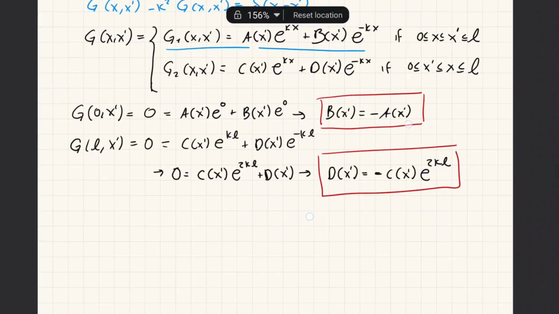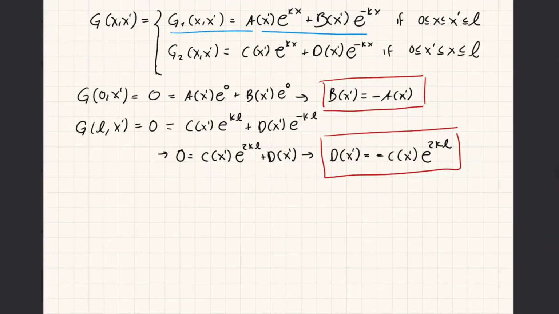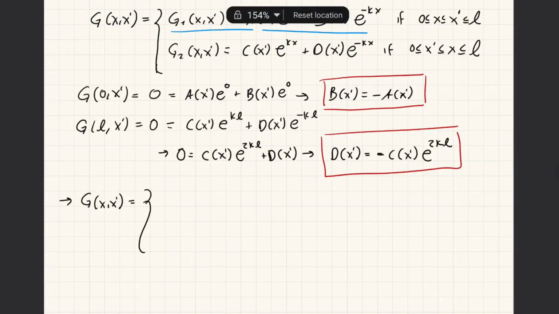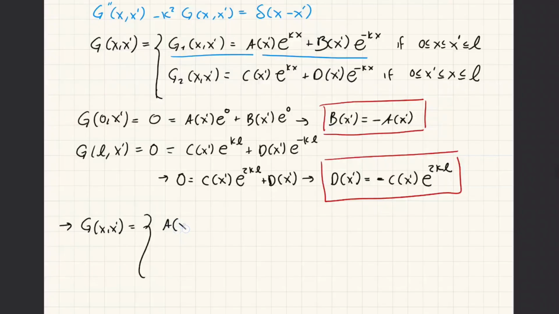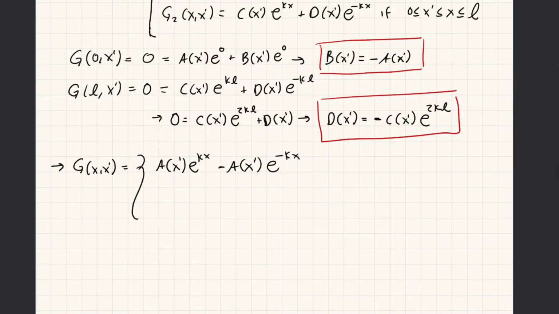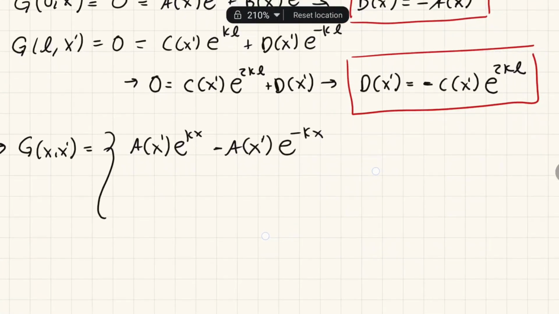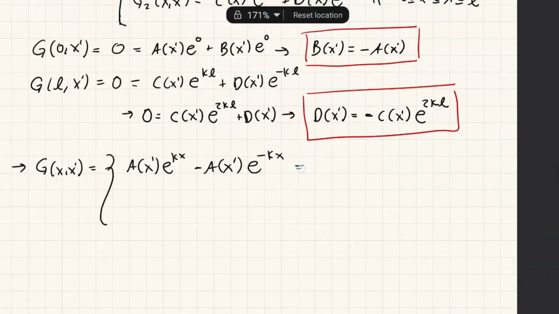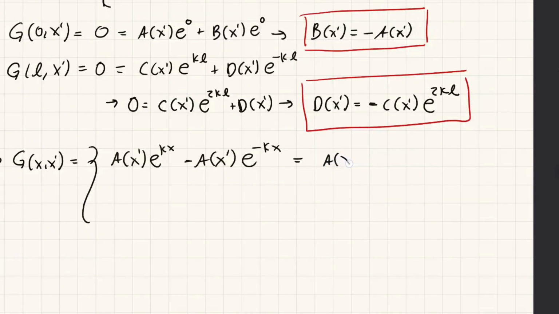So we are going to take these results into the definition of the Green function that we proposed. So we will have that g of x comma x prime is equal to a of x prime e to the kx plus b, which is minus a of x prime e to the negative kx. I'm not going to write the interval of definition just for simplicity. So from here we get that this is a of x prime that multiplies e to the kx minus e to the negative kx.